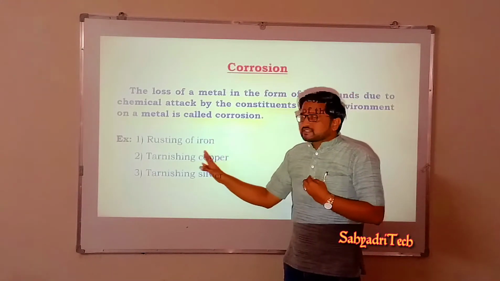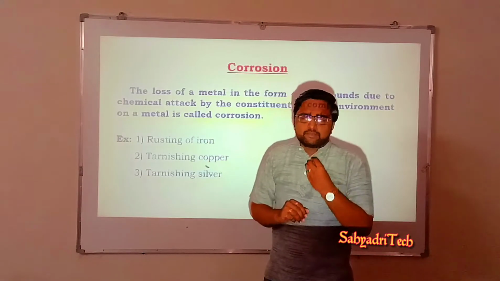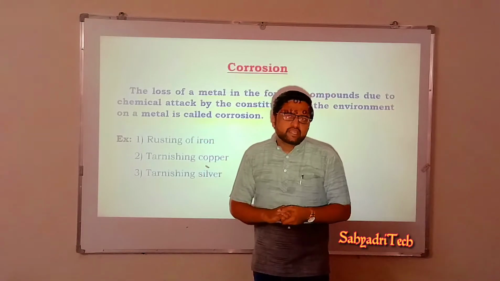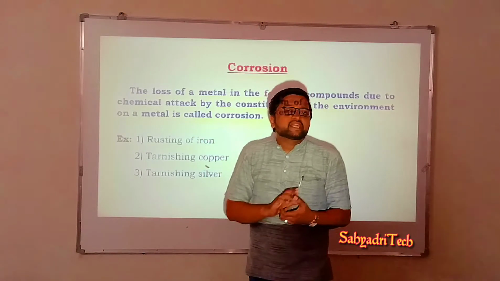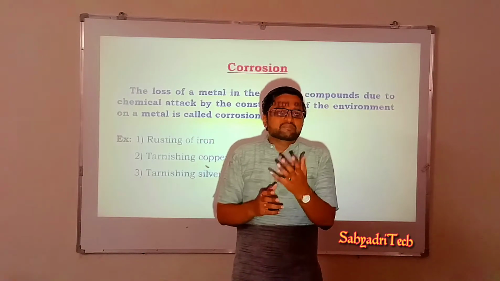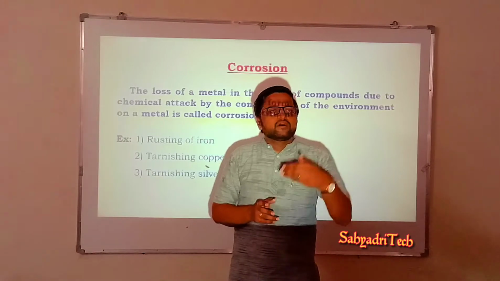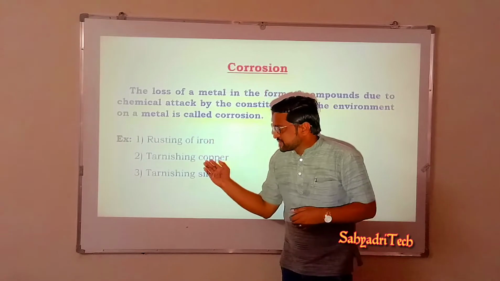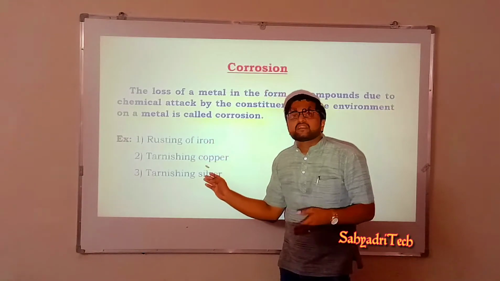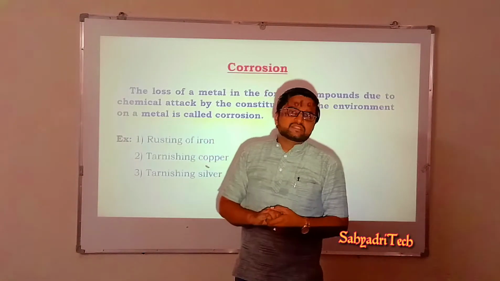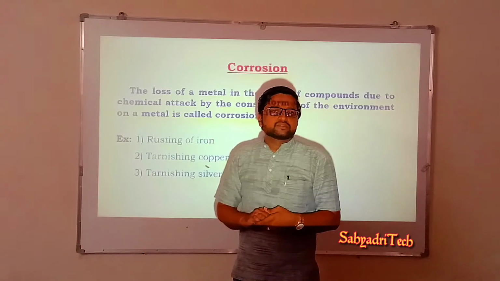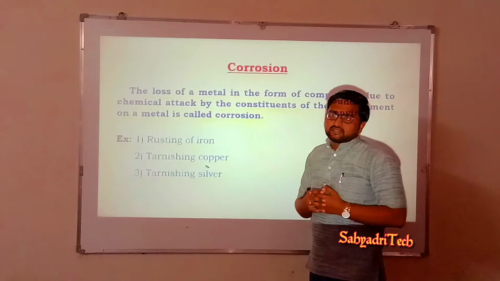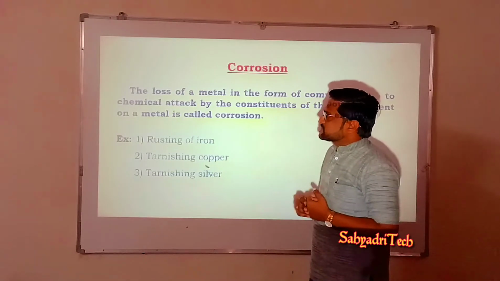Similarly, you might have seen that copper utensils or silver utensils have their surface tarnished. They lose their brightness or lustre after a time. So tarnishing of copper surface, silver surface, or aluminum utensils is also an example of corrosion. These are well-known examples of corrosion.